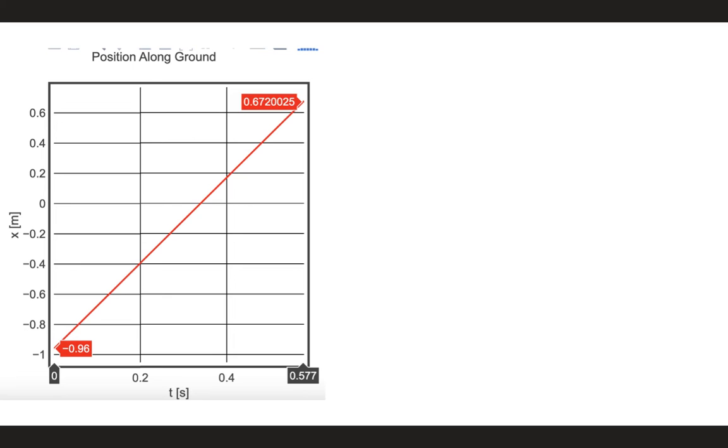All right, position along the ground. So we could talk about the range here. This would be the horizontal thing going on here. And so the range, we could compute it a number of ways, but we have it right here on the graph. The change in x, that is the range, okay?